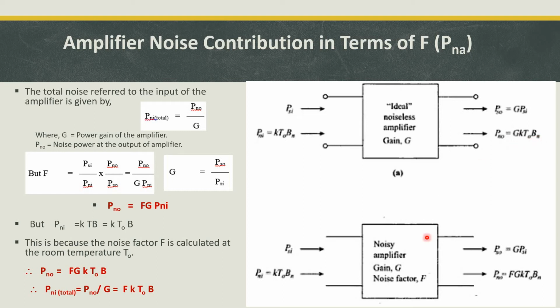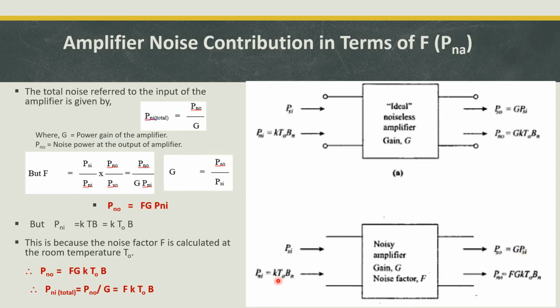Okay. So now if the amplifier itself is contributing noise, that means a noisy amplifier, because of improper selection of devices and also the temperature, the noise introduced in the amplifier will increase. In that particular situation, signal power PSI is multiplied with gain G, so that means GPSI.